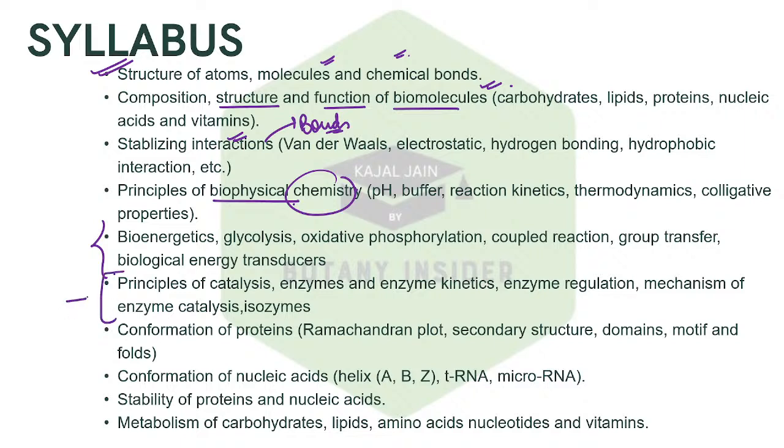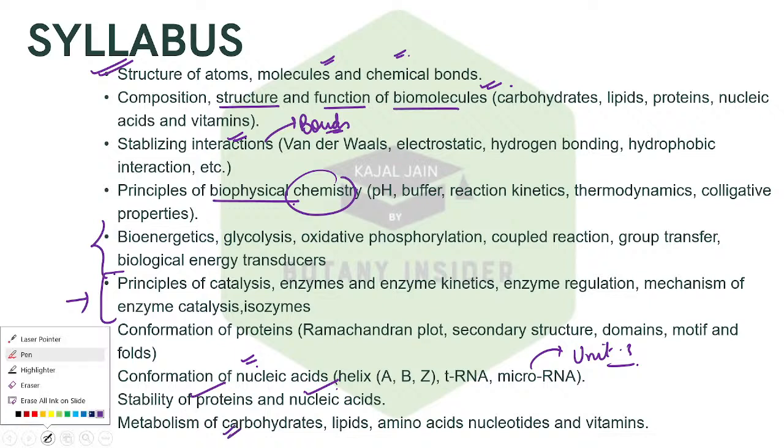Then you have principles of catalysis, that is the entire topic of enzymes, and conformation of proteins, in which we learn about Ramachandran plot, secondary structure of protein, domains, motifs, etc. Then you have the conformation of nucleic acid, one of the topics from unit number 3, right? Then we have stability of protein and nucleic acid, and finally the metabolism. This is the entire listing of the content.